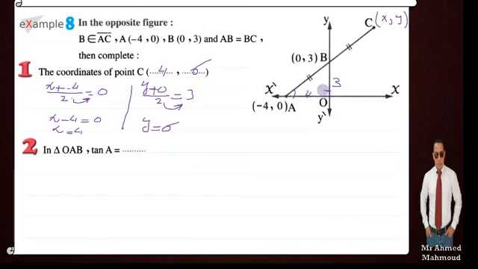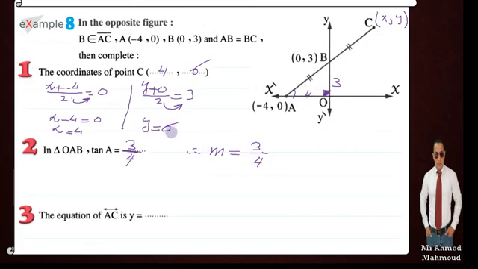It's very clear that tan, which is the opposite over the adjacent, is 3 over 4. Of course, don't forget that tan A equals 3 over 4. Therefore m, which is the slope of the straight line, equals also 3 over 4.